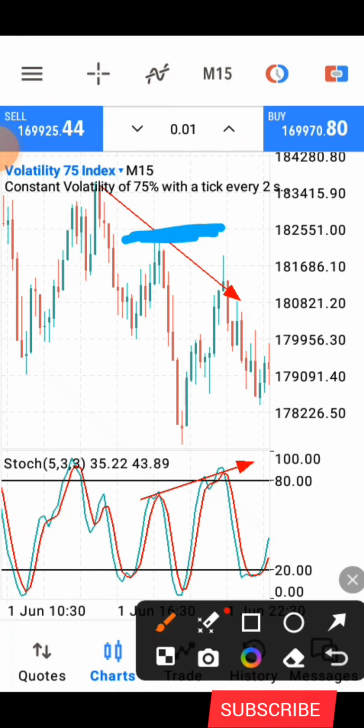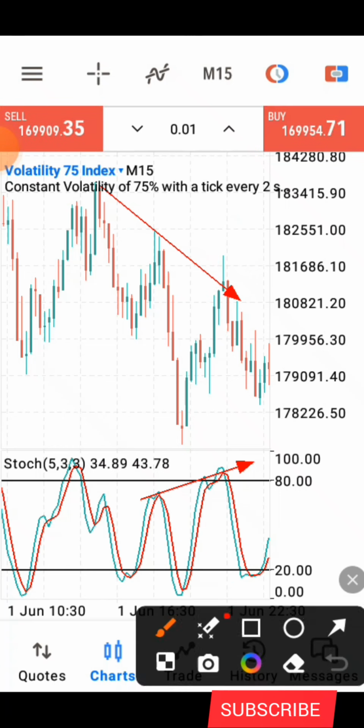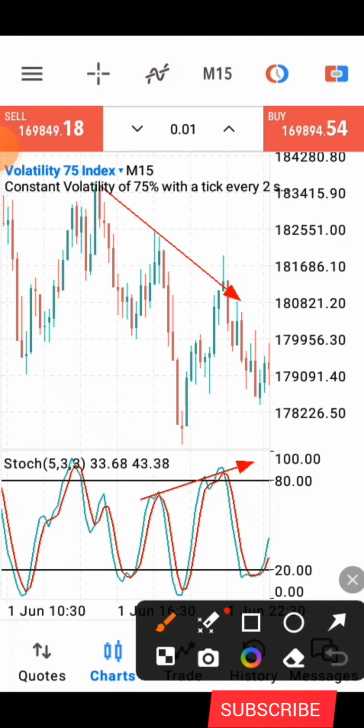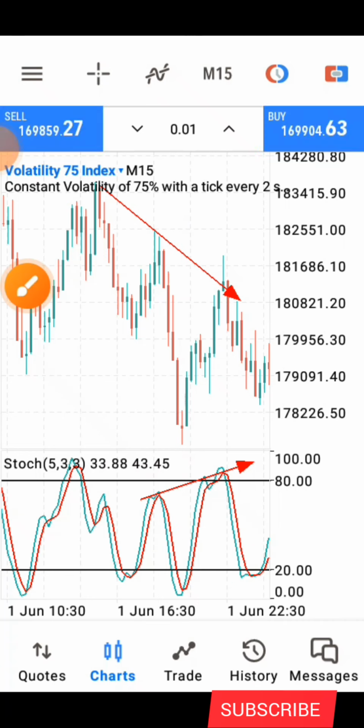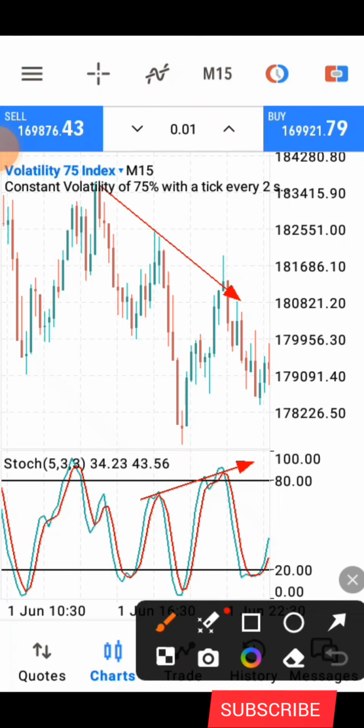No candlestick has broken above this structure, but here on the indicator window, this is where that structure happened, and the structure here was broken above. The indicator crosses above this area.